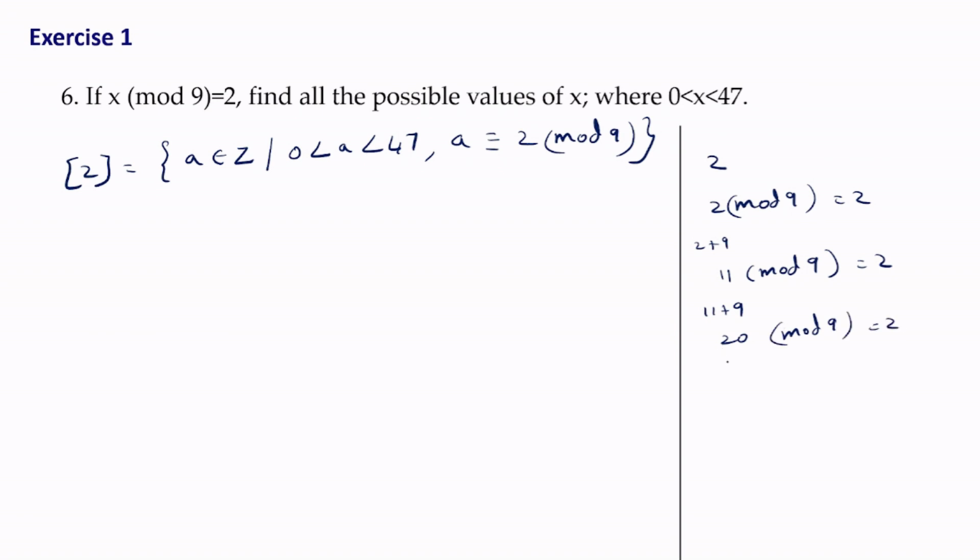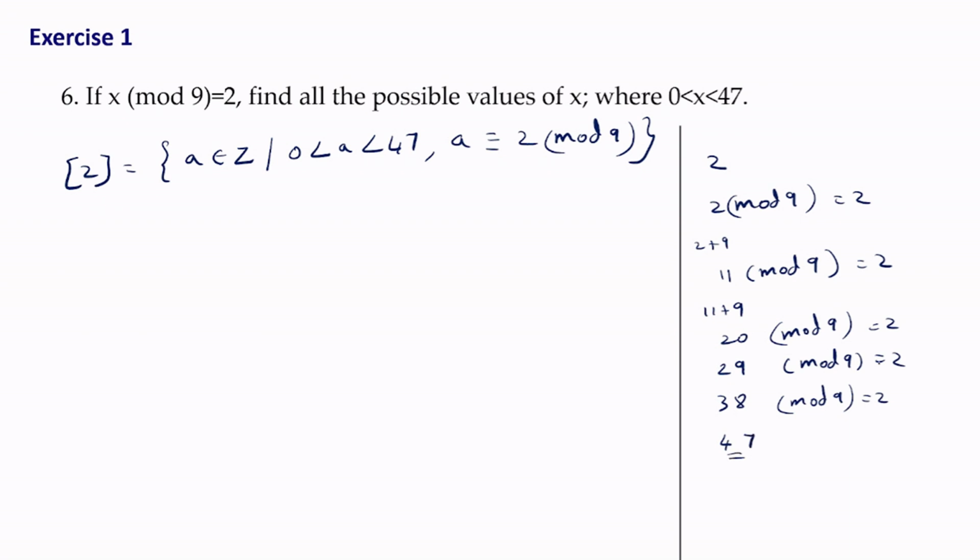The next number will be 20 plus 9, 29. 29 mod 9, it is 2. Then the next number is 29 plus 9, 38. 38 mod 9 is 2. The next number is 38 plus 9, which is 47.